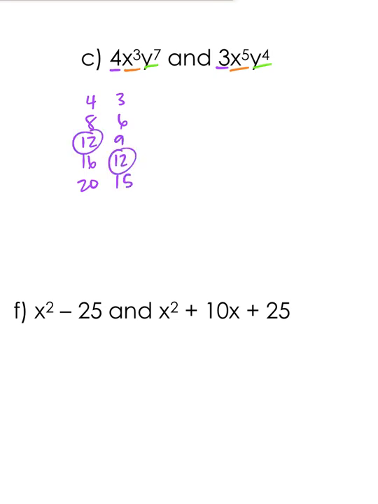And I see that 12 is my least common multiple. For x, my greatest exponent is 5, so I'm going to use x to the 5th. And for y, my greatest exponent is 7, so I'm going to use y to the 7th.